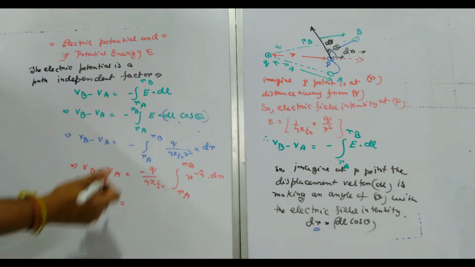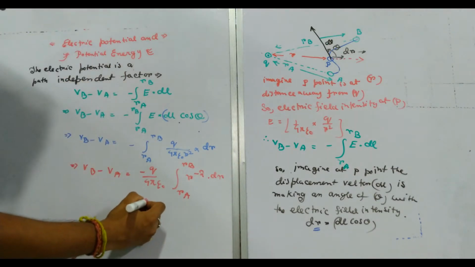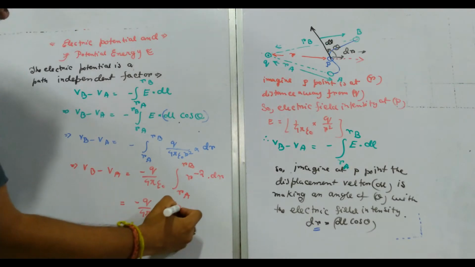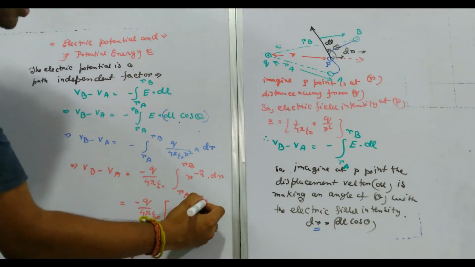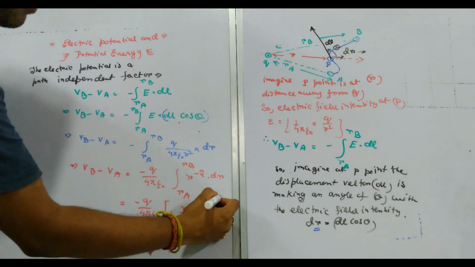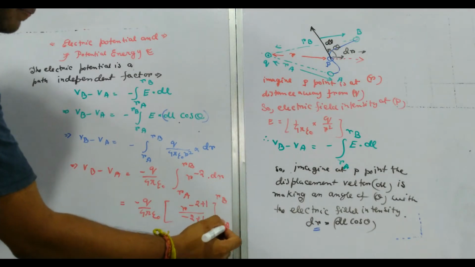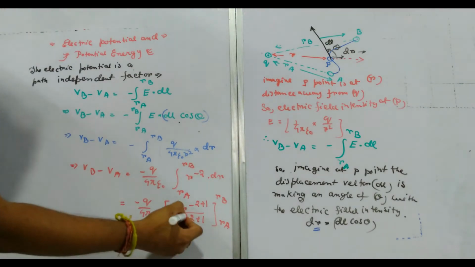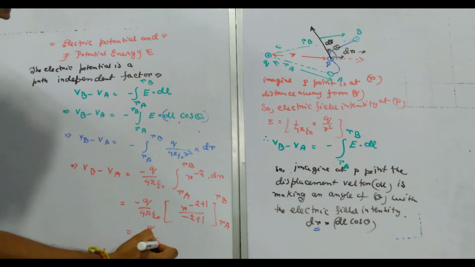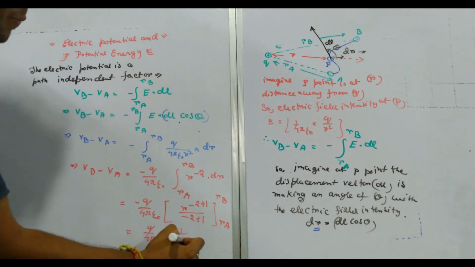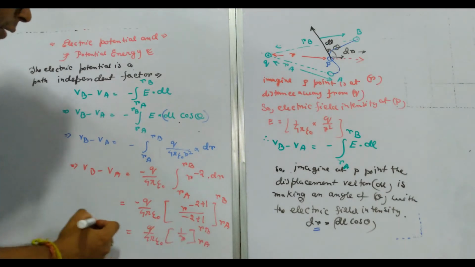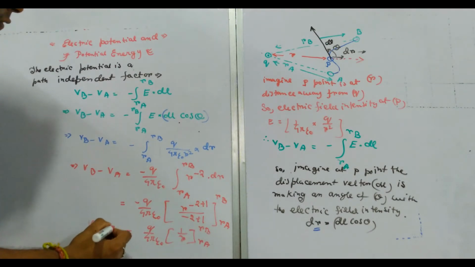Now if we follow the process of integration, this will be minus Q by 4 pi epsilon naught, which is a constant, and this can be written as R to the power minus 2 plus 1 by minus 2 plus 1, and the limits are from RA to RB. So, taking out the common minus, this can be written as Q by 4 pi epsilon naught, and this is going to be expressed by 1 by R, lower limit RA and upper limit RB. This is nothing but VB minus VA.